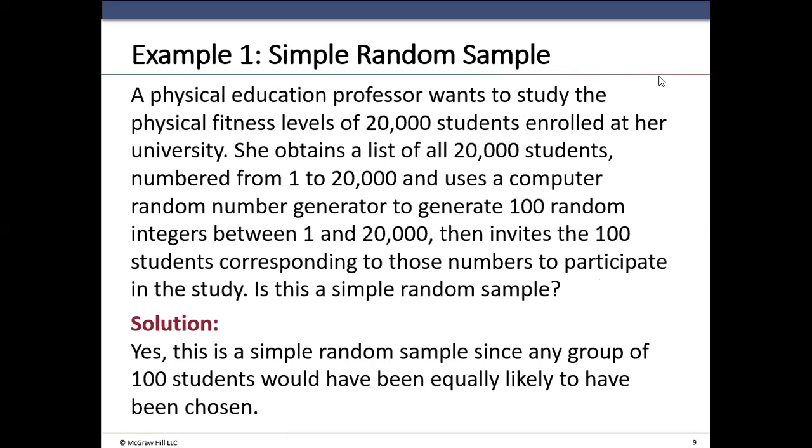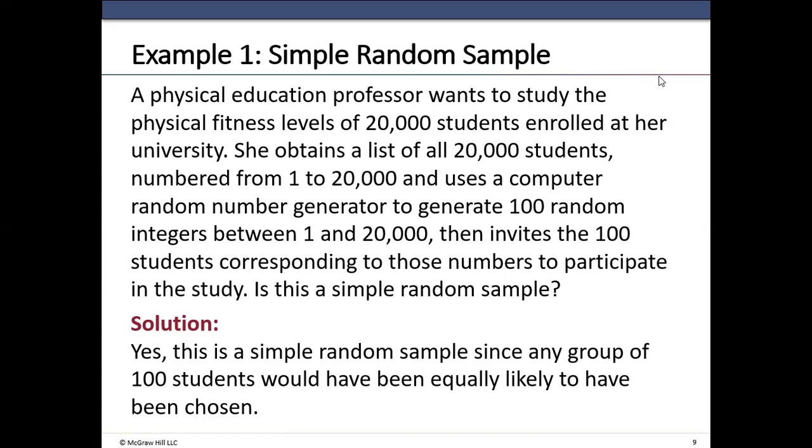Remember, the students are numbered from 1 to 20,000. Then we use a computer to generate a random list of 100 numbers between 1 and 20,000. So there will be a list of 100 numbers. Then we will select those students with those 100 numbers, and invite the 100 students corresponding to those numbers to participate in the study. Is this a simple random sample?